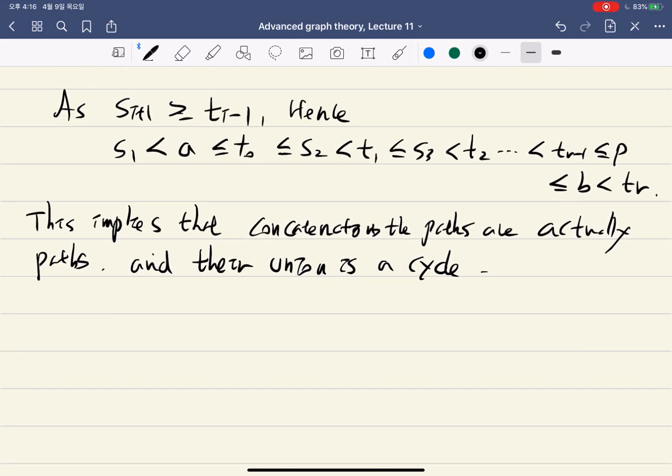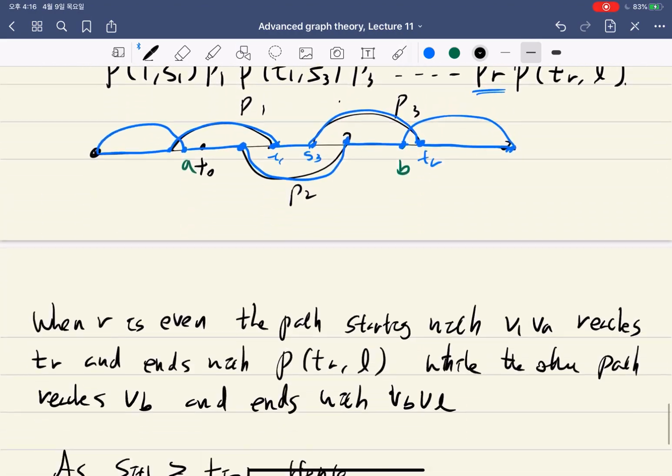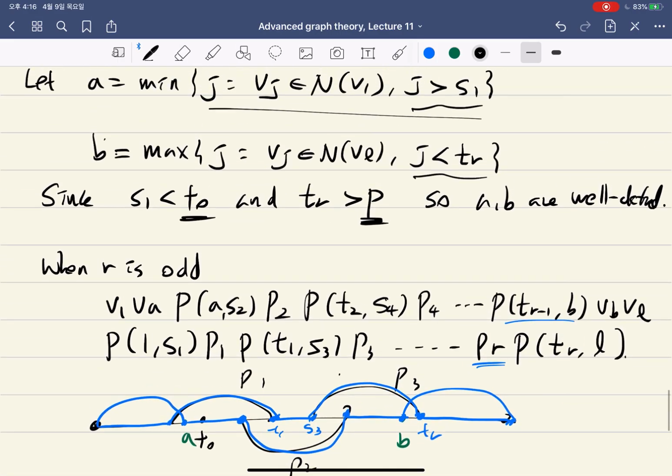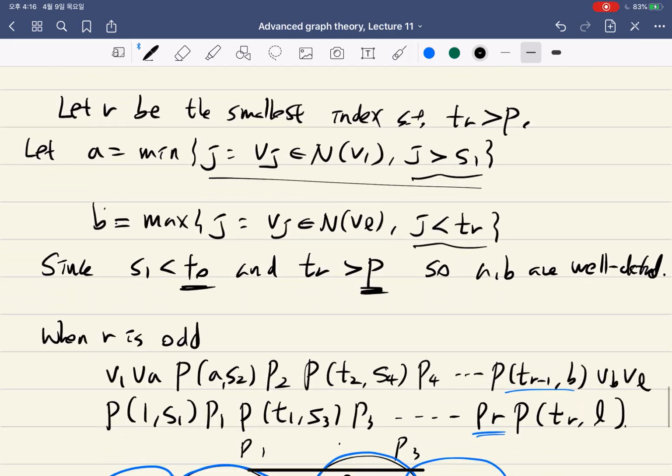So by the definition of A, what do we know? We know that the neighbors of B1 are all in either this first part or this part. Between S1 and A there are no neighbors, and all of the neighbors are either here or here. Both are included.